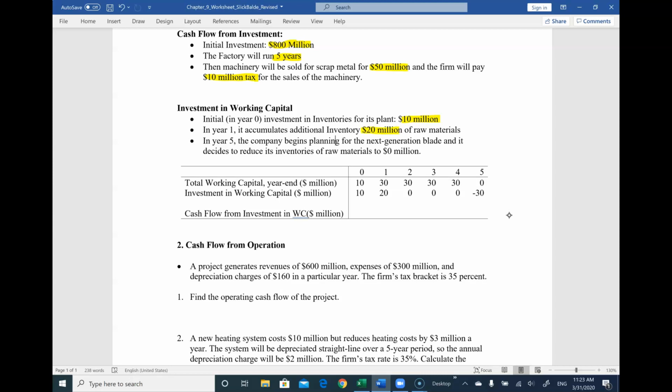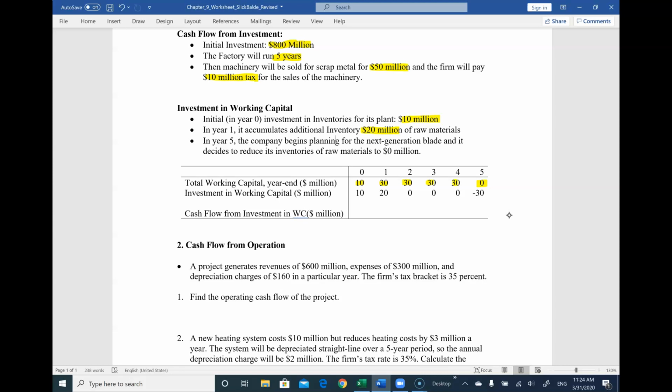In year 5, the company begins planning for the next generation blade, and it decides to phase down this product, so it will gradually reduce the inventory to 0 in year 5. Looking at the total working capital, in this case it is all inventory. Total working capital in year 0 will be $10 million, and it will go up to $30 million in years 1, 2, 3, 4, and in year 5 it'll come down to 0.